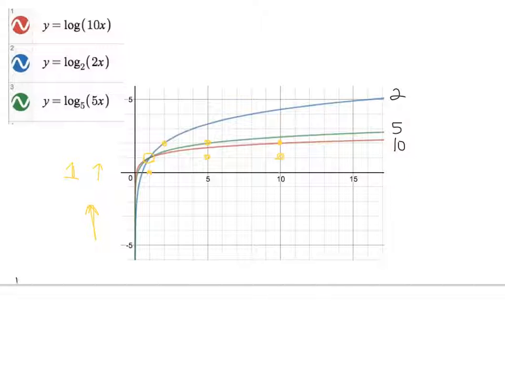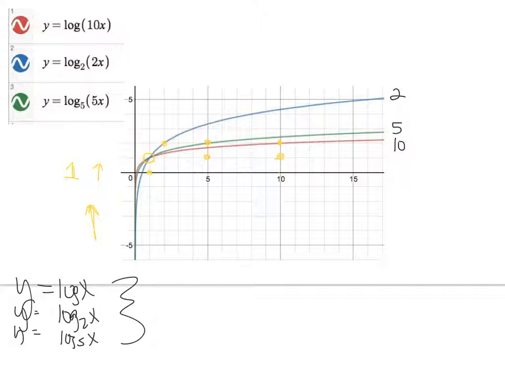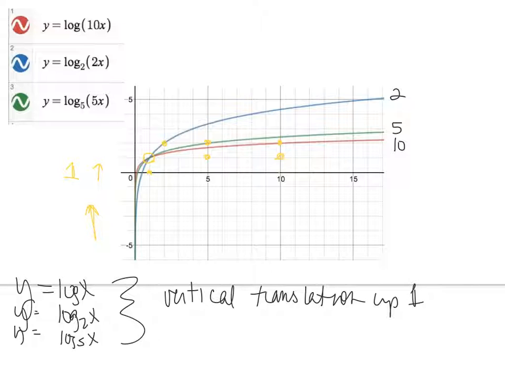So from the opening exercise where we graphed y equals log x, log base 2 of x, and log base 5 of x, that was our opening exercise, remember? Now we did a vertical translation up 1.